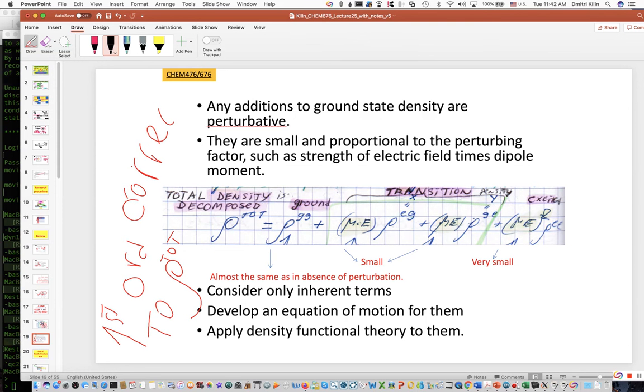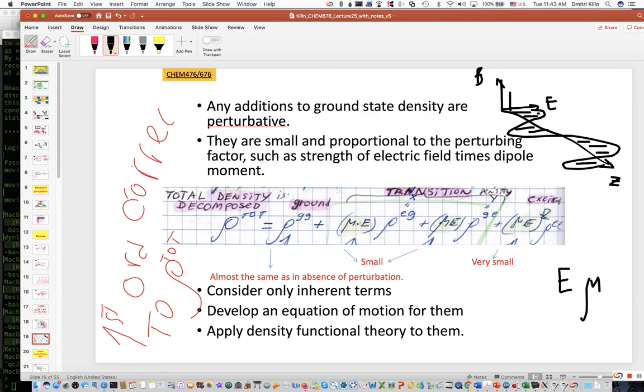the perturbations, the contributions, the changes to the total density upon interaction with light. We have the direction of light, and then we have electric and magnetic field. Then this electric field changes in an oscillatory way, and the product of electric field times transition dipole operator is the measure of interaction between light and matter.